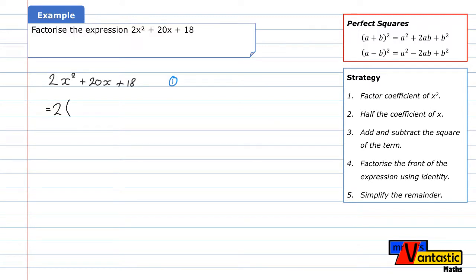Alright, so if I pull 2 out of 2x squared, I'm left with x squared plus 20 divided by 2 is 10, so we'll have 10x left, plus 18 divided by 2 is 9, so we'll have 9 left. And of course these two statements are identical. This is just the factorized form of the original expression.